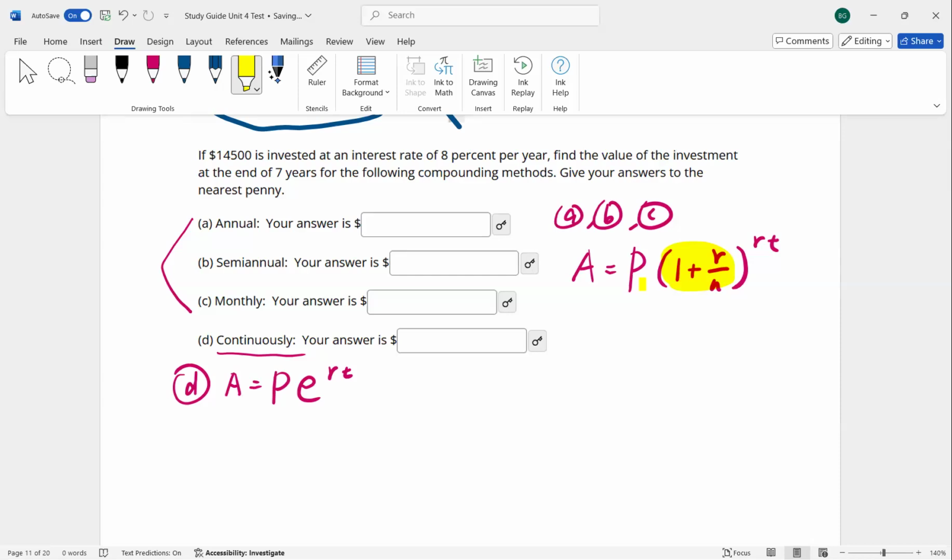A again is the accumulated balance in the future. P is the principal you invested. r is the annual interest rate. r has to be the annual interest rate. t is time in years. What about n? Oh my gosh, this is not rt, it's nt.